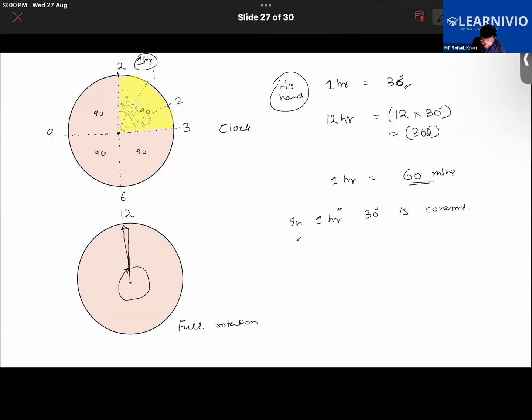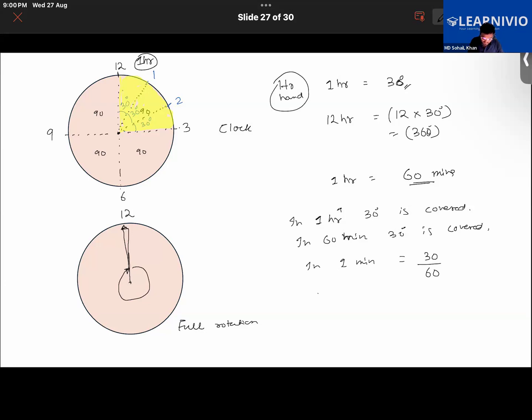Or we can say that in 60 minutes, 30 degrees of angle is covered, right? So what can we say about 1 minute? How many degrees are made in 1 minute? That will be 30 degrees upon 60.